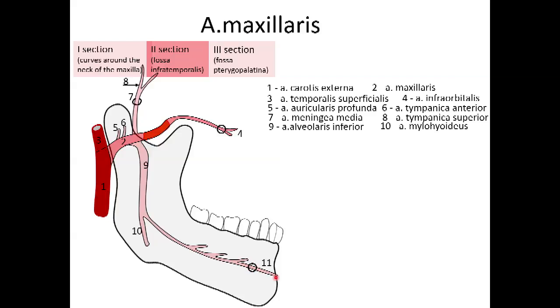So arteria mentalis, number 11, passes through the foramen mentale to the anterior surface of the chin, together with the nerve of the same name, nervus mentalis, which is a branch of nervus alveolaris inferior.